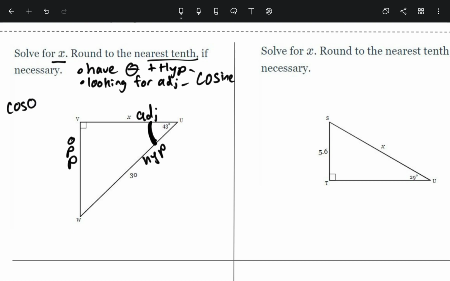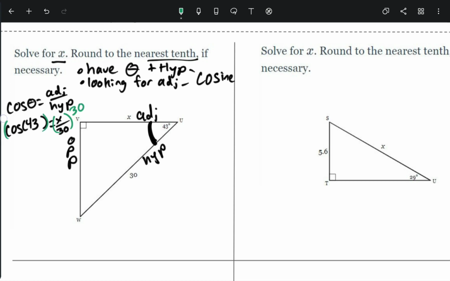So again, remember, cosine of our angle is adjacent over hypotenuse. Now I'm going to plug in our values. So cosine of 43 equals adjacent, which is x, over the hypotenuse, which is 30. I want to get that 30 out of the denominator, so I'm going to multiply both sides by 30.